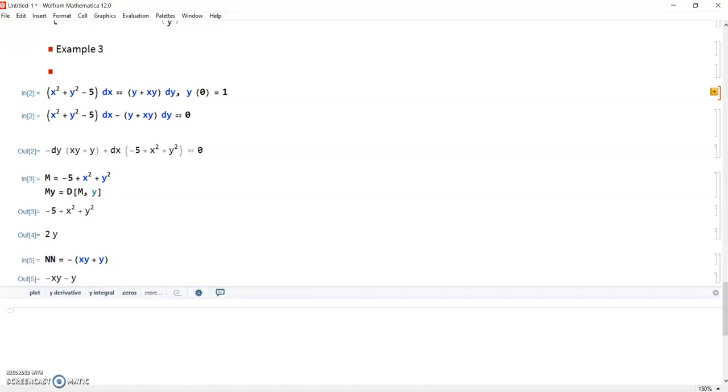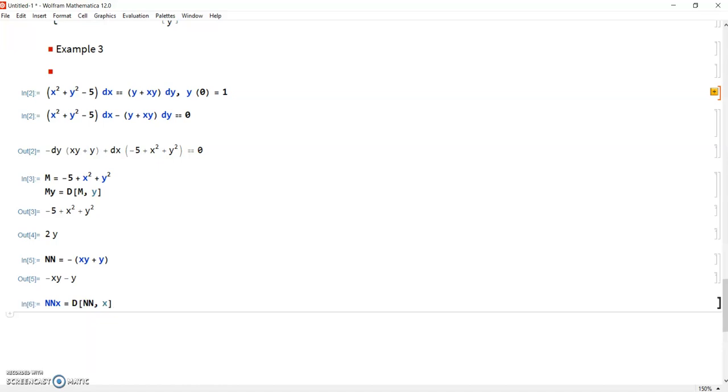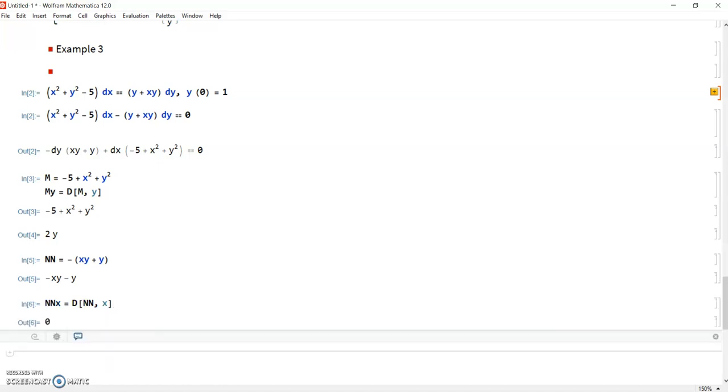This is N, and I take the derivative of N with respect to x, which is 0. So one is 2y, the other is 0. Therefore this equation is not exact. So you can write a comment over here that this equation is not exact.